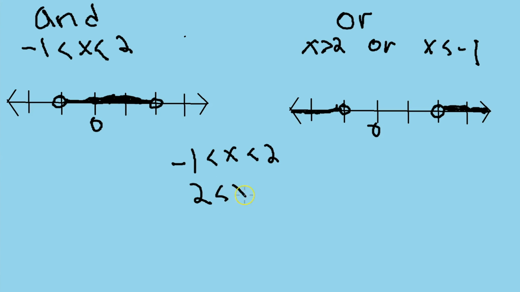Yep. This is an "or" inequality. Now they look so similar. What's the difference? The difference is that this one is basically two different inequalities, because you can't have something that is greater than 2 and also less than -1.